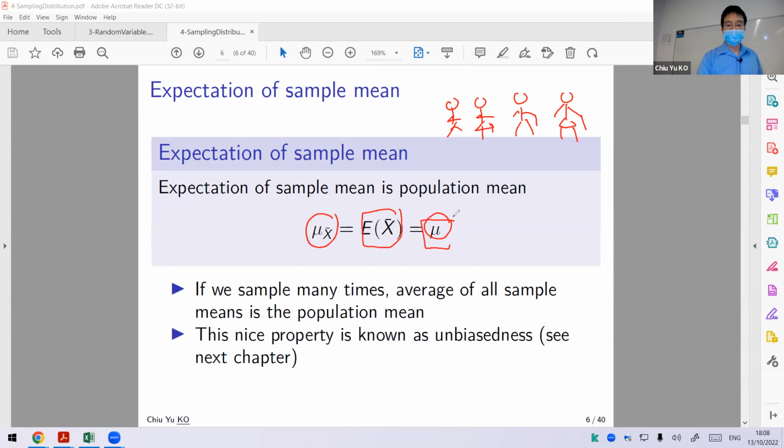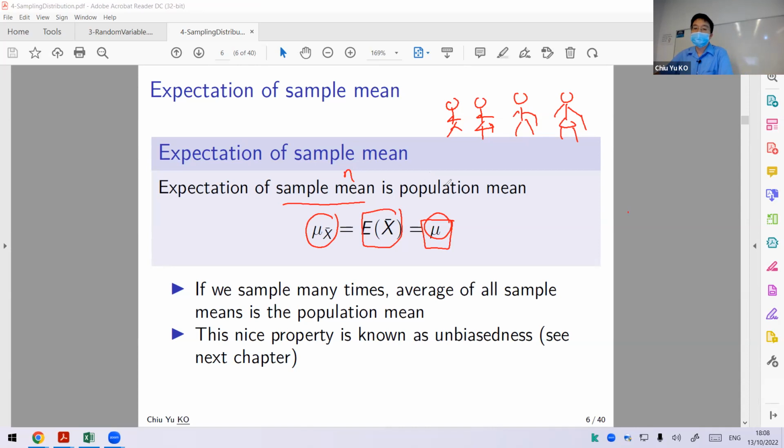We want to know the average income of a society or a village, but we cannot survey everyone. But if we do sampling, it doesn't rely on the sample size n. Any sample size is fine. If you keep doing the sampling many times, the average of those is exactly what we want to find.